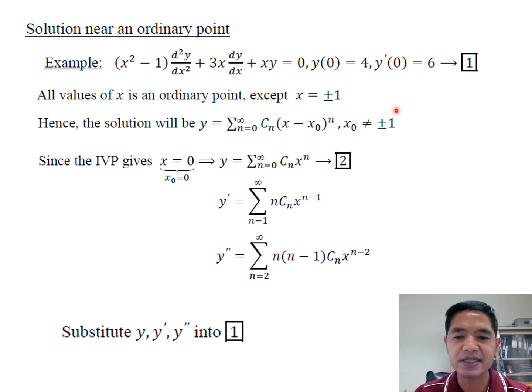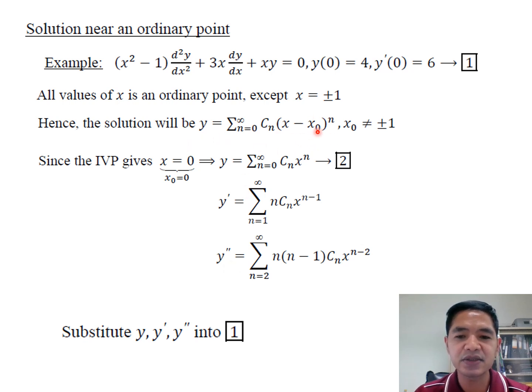Don't forget x0 here. And you have to make an exception: x0 must not be equal to plus or minus 1. What you do next is take the first derivative and second derivative of the general solution.